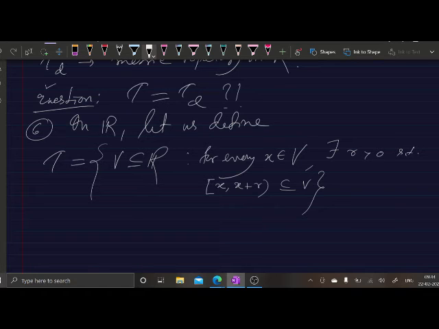Just taking this interval, instead of taking the whole open interval, we are taking this x, x plus r, this closed-open interval. So for every x belongs to V, there is r greater than 0 such that this is a subset of V. So in a similar way, tau forms a topology on R. Check করে দেখবে কিন্তু এগুলো.